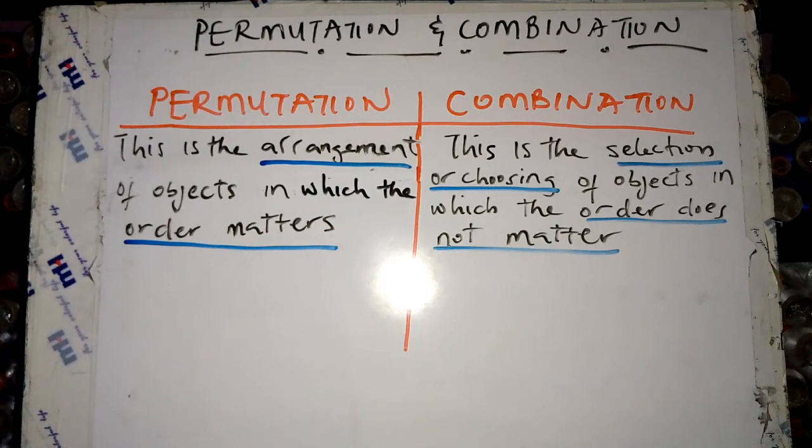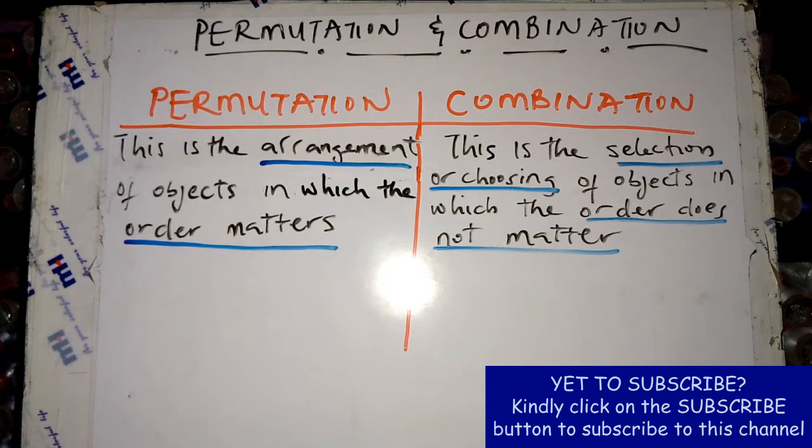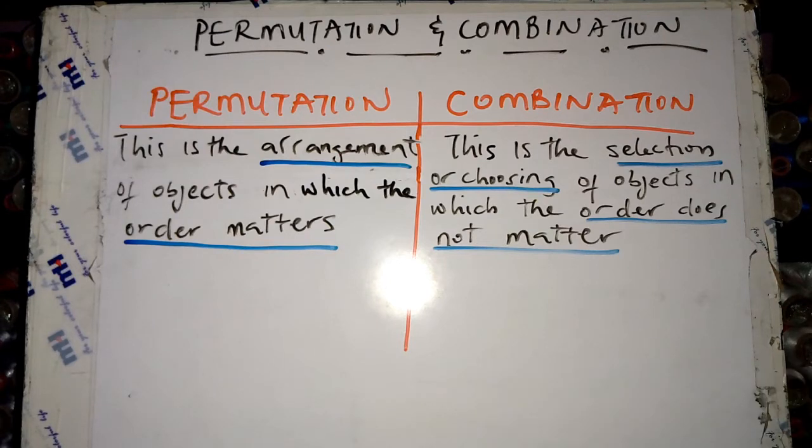In this video, we are going to be covering permutation and combination. Under permutation and combination, we are going to be looking at the introduction, which is understanding the concept of permutation and combination, that is the difference between permutation and combination. Then we pick each of them and look at it in depth. Under permutation, we are going to be looking at identical objects, arrangement with repetition, and without repetition.